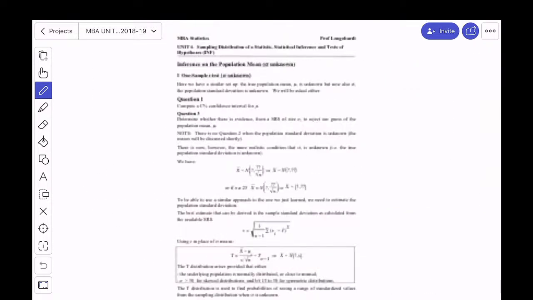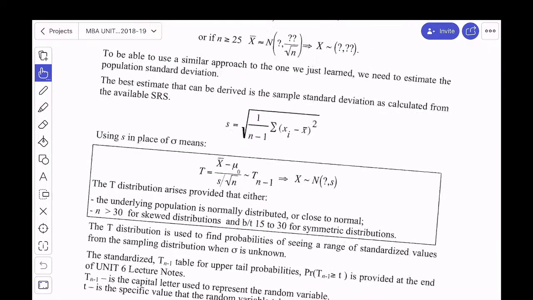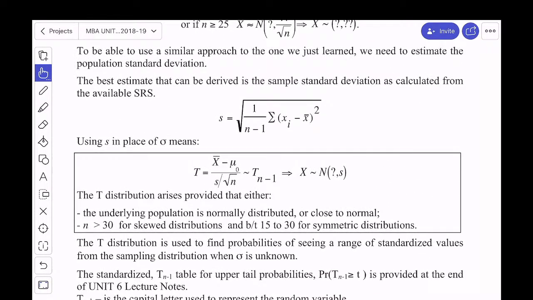I explain it all in here. Okay, so this is the symbol. This is what I'm using.